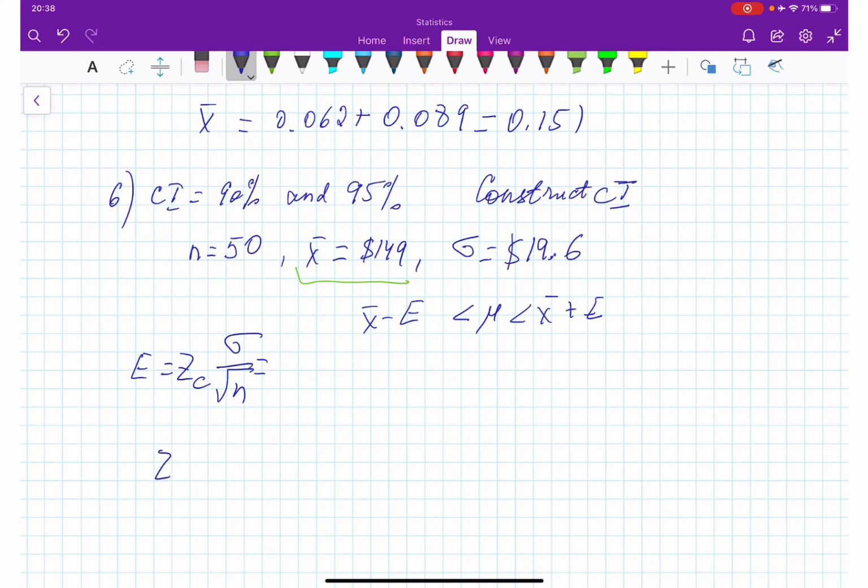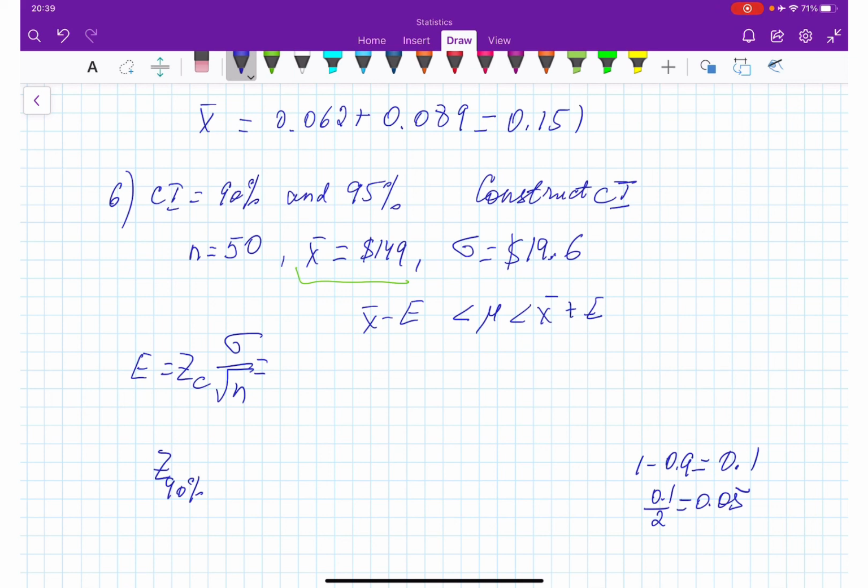So z for 90%, or 0.9: 1 minus 0.9 is 0.1, and then 0.1 divided by 2 is equal to 0.05. So where is my 0.05 in the negative table?